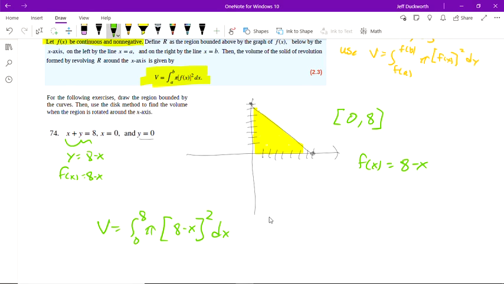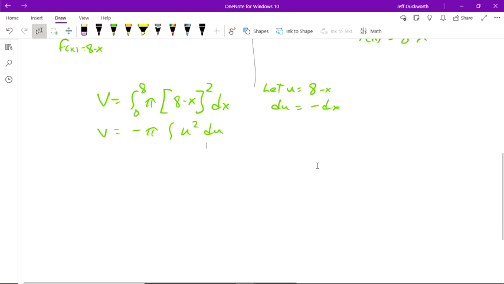So I'm going to do a simple u substitution here. u will be equal to 8 minus x. That means our du is equal to negative dx. So it will be negative pi u squared du, because we don't have a negative there.